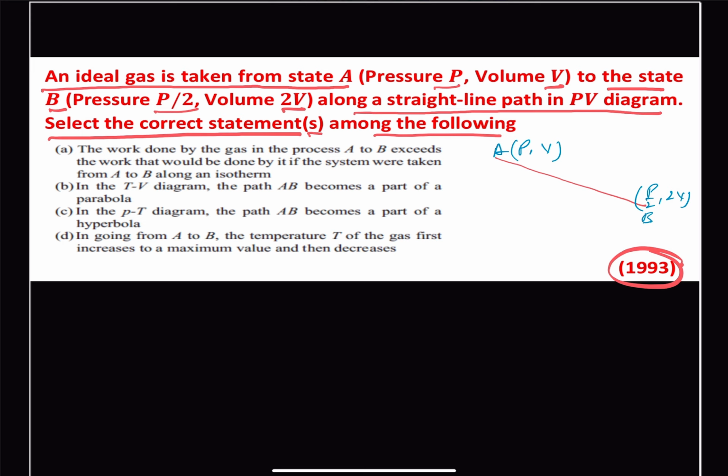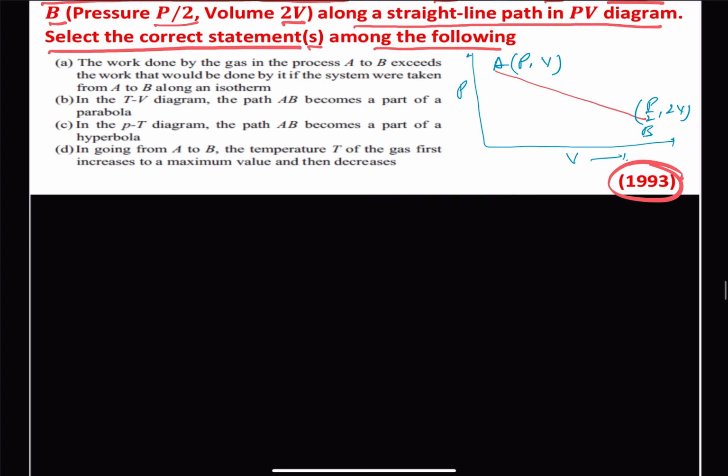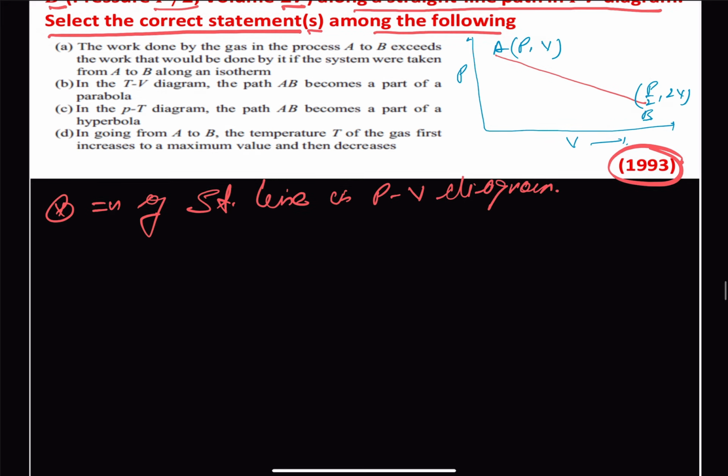In case of a PV diagram, we can represent it like this. This is our pressure and this is our volume. And we can find the equation of this straight line in the PV diagram.